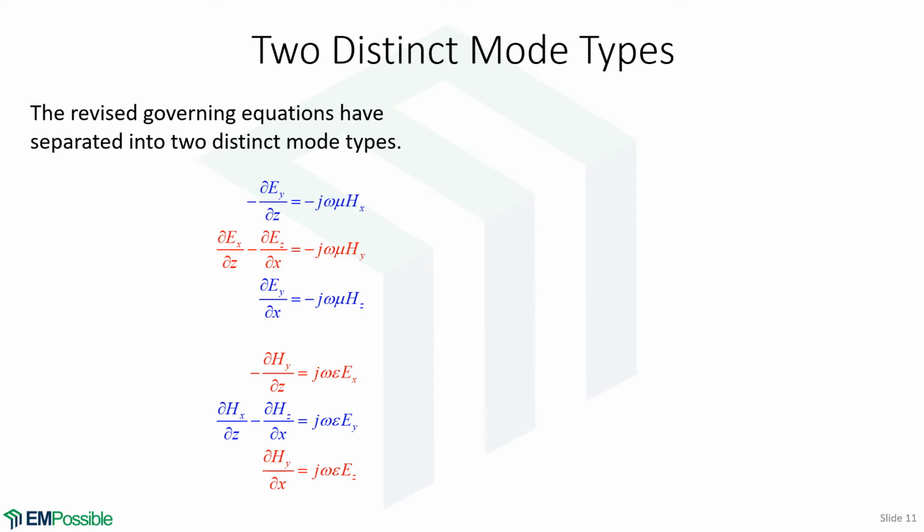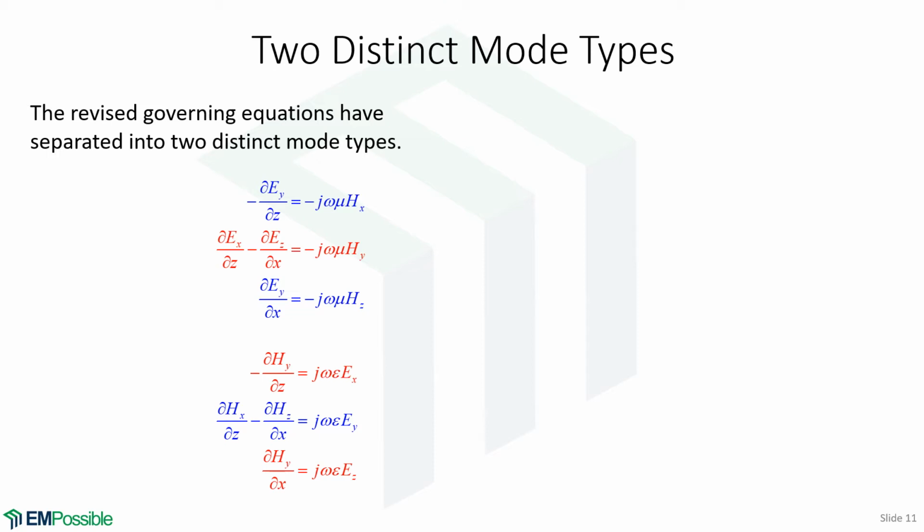I have color-coded those same 6 equations from the previous slide. Otherwise, they remain unchanged. And what we'll notice here is that all the equations in blue contain a certain set of field terms: Hx, Hz, and Ey. None of those terms appear in the red equations.